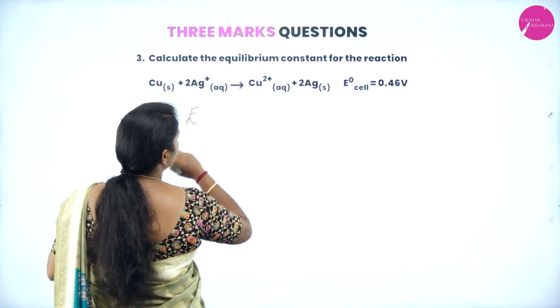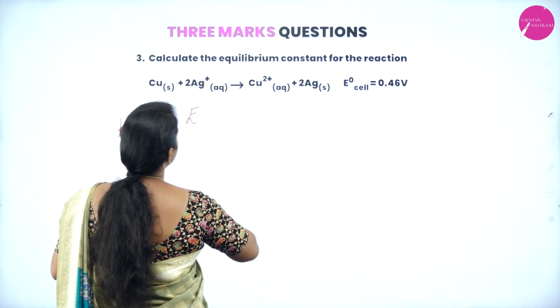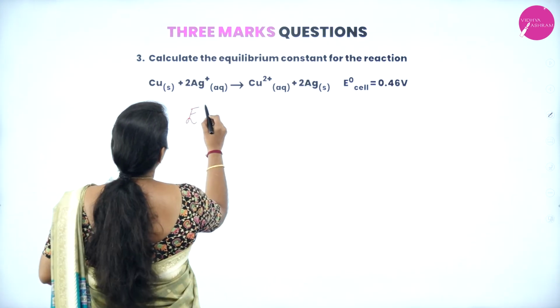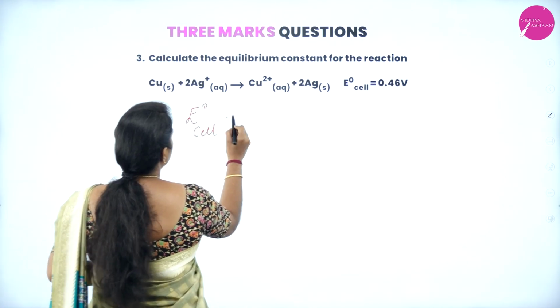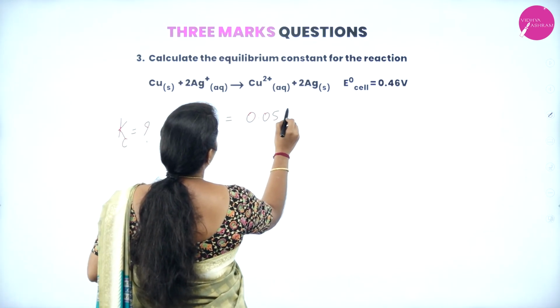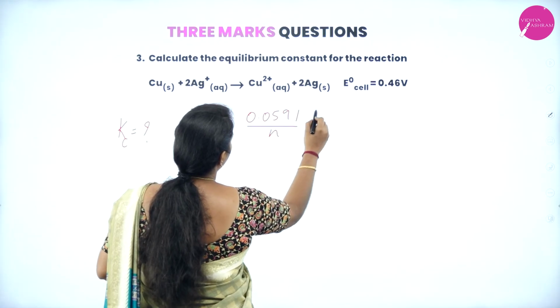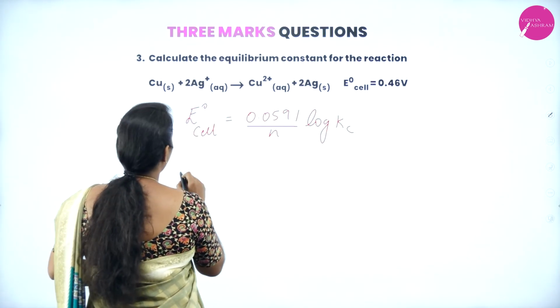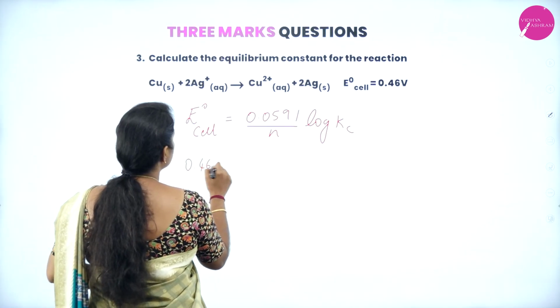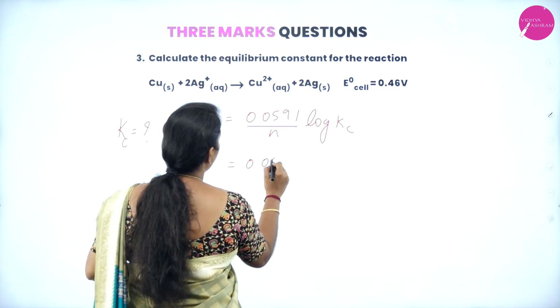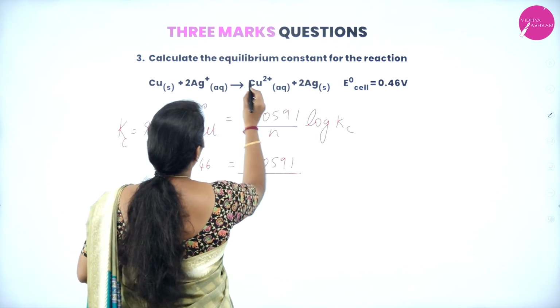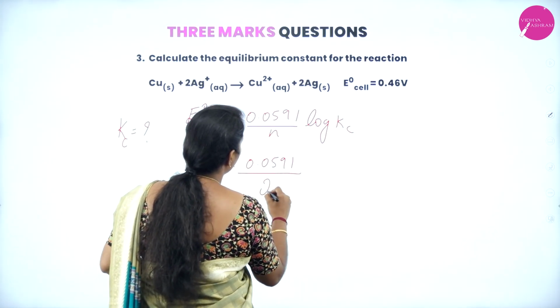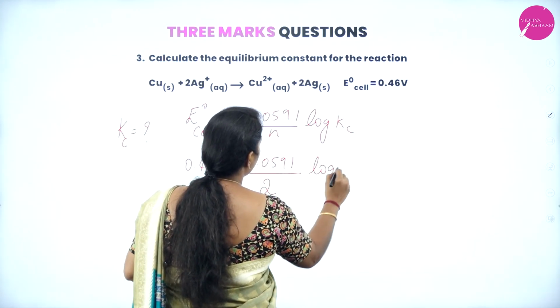So, E naught of the cell is equal to 0.0591 divided by N into log Kc. Correct? What is the E naught value they have given? 0.46 equals 0.0591 divided by how many electrons is the copper losing? 2 into log of Kc.